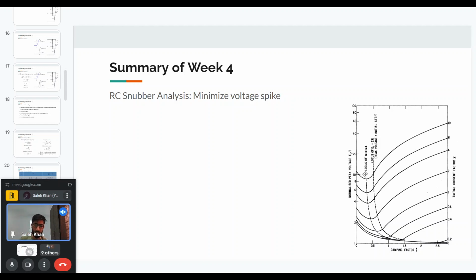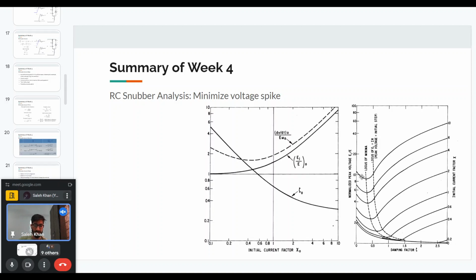And similarly, for different values of chi, we can find different values of the minimum point. So what we can do then is we can plot these minimum value points and see what the different values of chi and different values of zeta are.